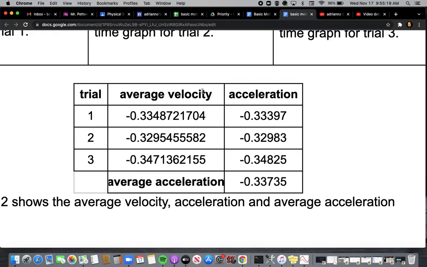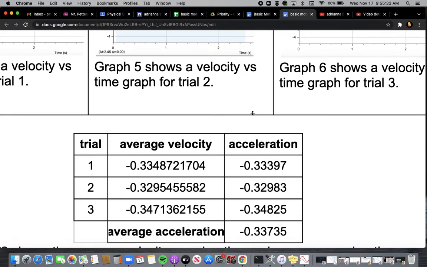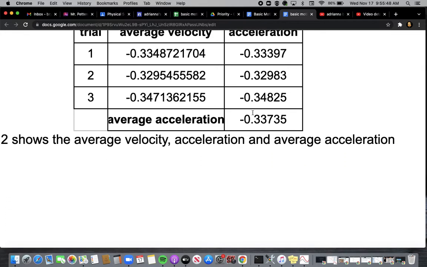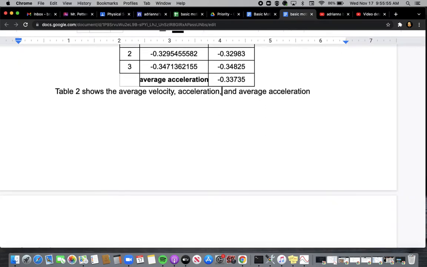The average velocity was these numbers, and the accelerations were all negative, so they were all slowing down, because as we know from graphs, when they go below the x-axis, they're speeding up in the opposite direction. Average velocity, acceleration, and average acceleration. We have to put a comma there for proper punctuation.